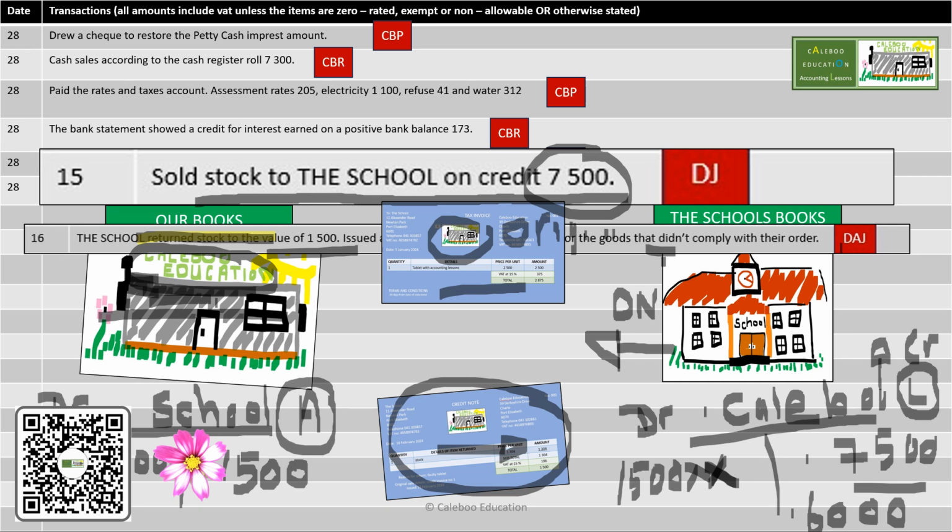The amount that Calibre Education needs to collect from the school is 6,000. Hopefully that little diagram helps you understand the relationship between these two parties, these two entities, Calibre Education and the school.